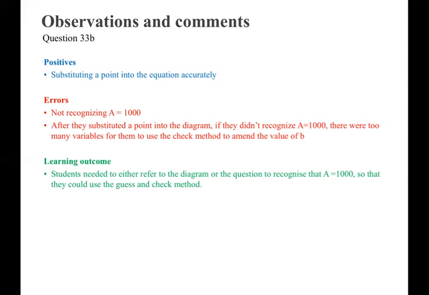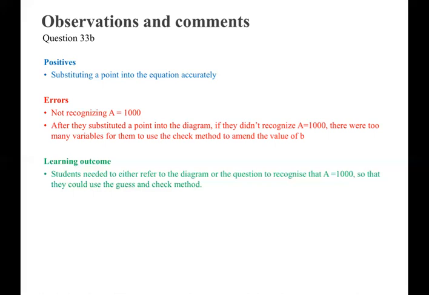You could see in the diagram it was 1,000, but what they didn't recognise was that represented A. And because of that, the guess and check method was a real problem because they were trying to guess values for A and for B, and it just wasn't going anywhere. If you keep changing all these variables, there weren't enough equations to help them.